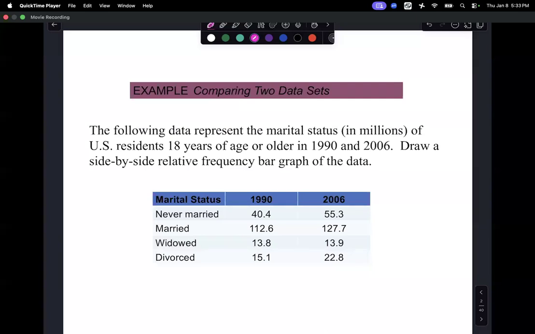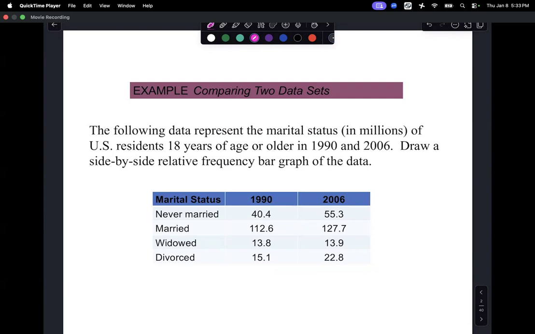All right, so this data right here represents the marital status in millions of US residents 18 years of age or older. We look at 1990 and 2006, and we are comparing these. We're just going to compare the data the way we have it.